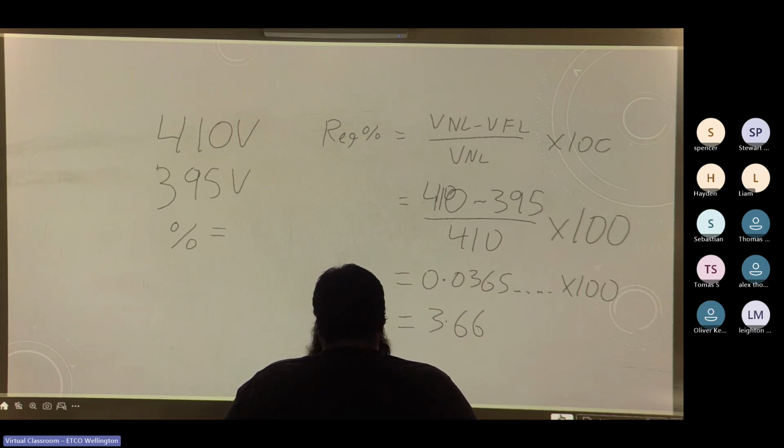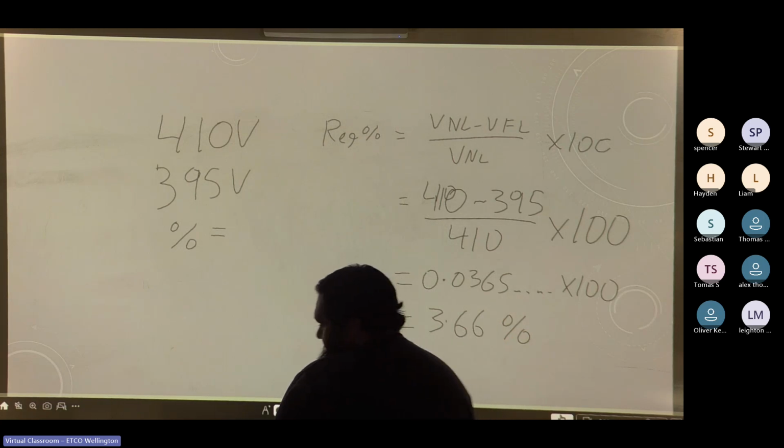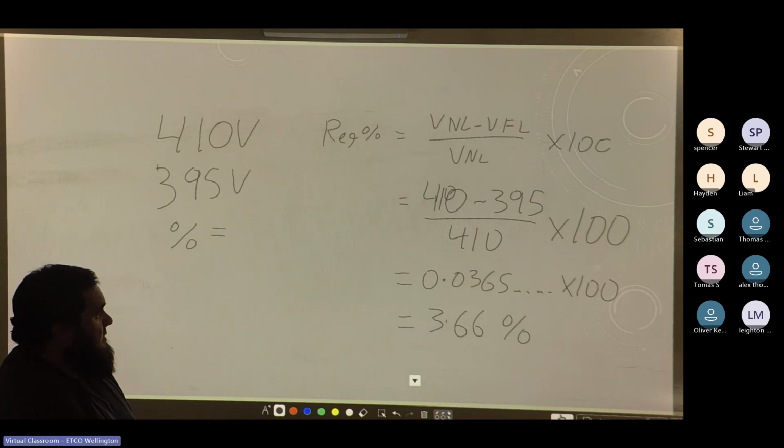We need to round up, so we get 3.66%. So that is our allowable regulation for that setup.